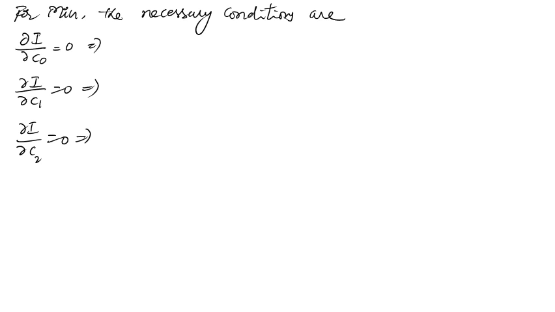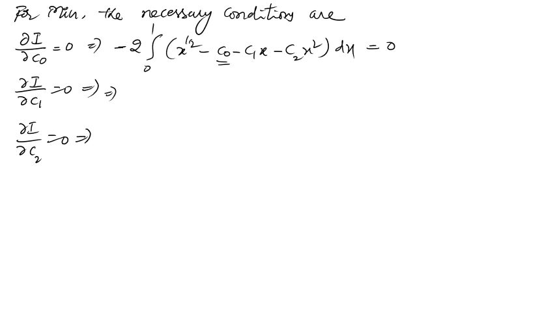So the first one, dou I by dou c0 equal to 0, means minus 2 times the integral from 0 to 1 of x to the power of 1 by 2 minus c0 minus c1 x minus c2 x square dx. Why this? The c0 derivative is minus 1, and the 2 comes from the square, equal to 0. Coming to dou I by dou c1, simple integration.